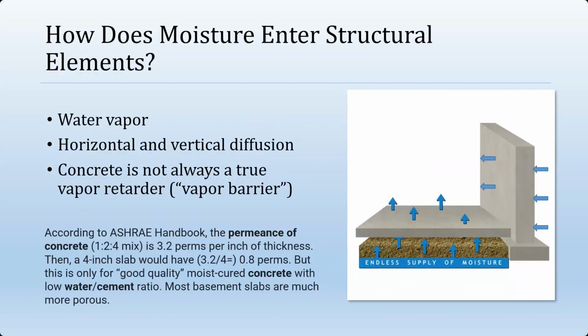So other moisture entering structural elements, water vapor, as we talked about, horizontal and vertical diffusion. And when we look at below grade concrete structures, we have to be of the mindset that concrete is not a true vapor retarder, aka vapor barrier.